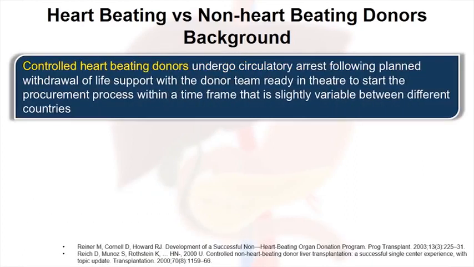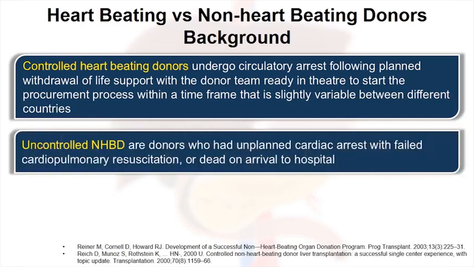Non-heart beating donors are of two types, controlled and uncontrolled. In the case of controlled donors, they undergo circulatory arrest following planned withdrawal of the life support systems, with the donor team ready in the theater, and they retrieve organs immediately, keeping the warm ischemia time as short as possible.